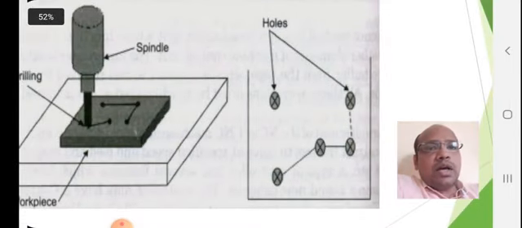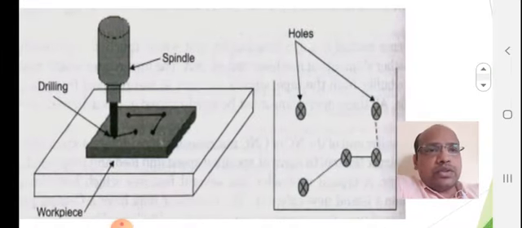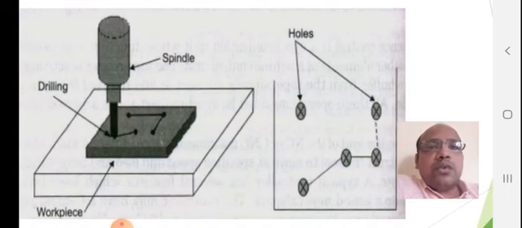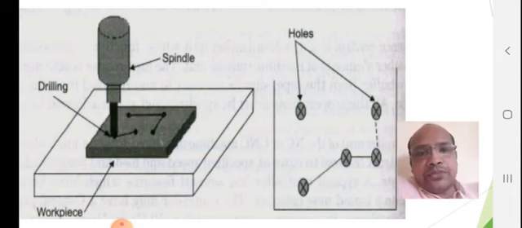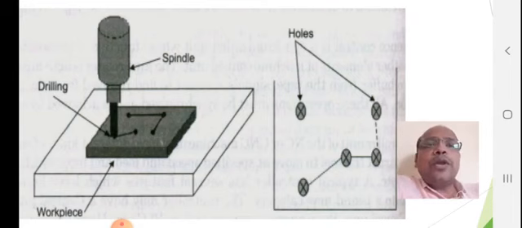These points are nothing but holes obtained by using a drilling tool, with the workpiece mounted on the table. So whenever you go for a drilling operation, you need a point to point NC system. One example is convex drilling, which needs a point to point NC system.